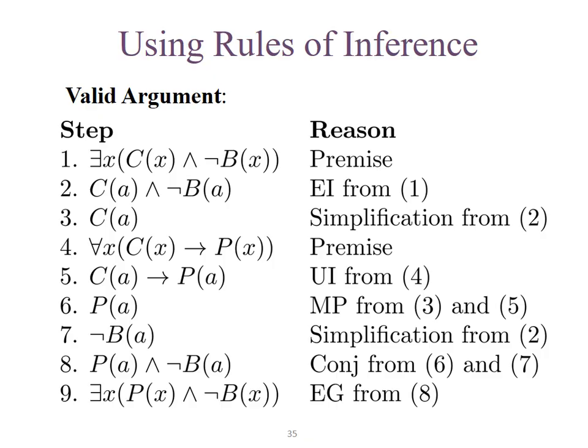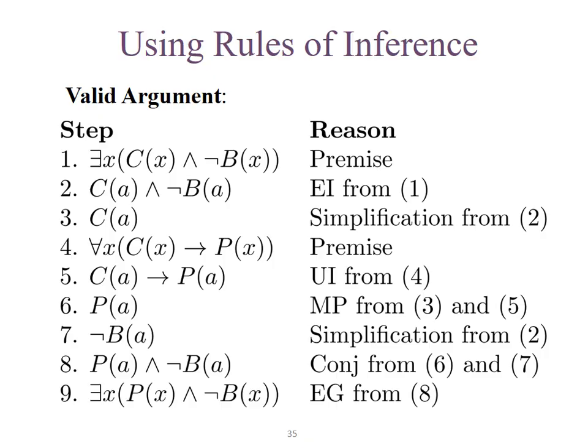For some x, it follows the property, so we can pick a particular element, here we use A. So this element A satisfies the first premise. We have these two joined by and, right? So we can apply simplification, so C of A is true.